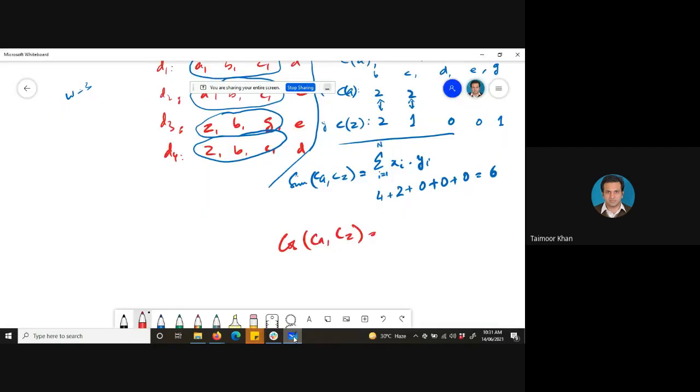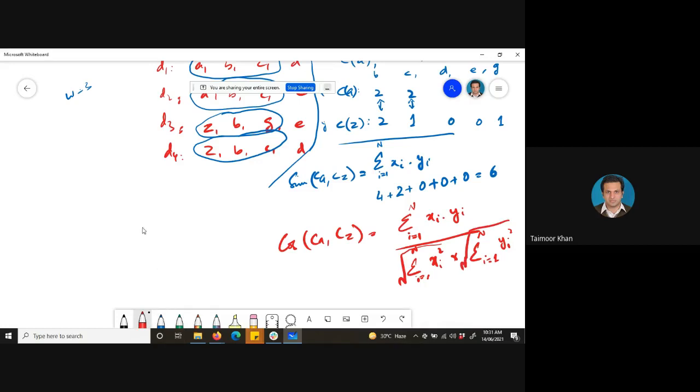So the numerator is the same as we did in the case of dot product, and it's divided by the sum of, again, i from 1 to n, xi square under the root, multiplied by the sum of i from 1 to n, yi square under the root.